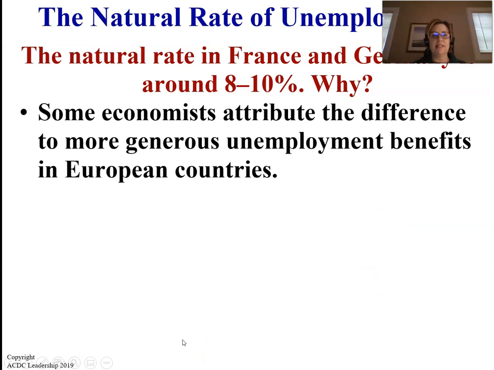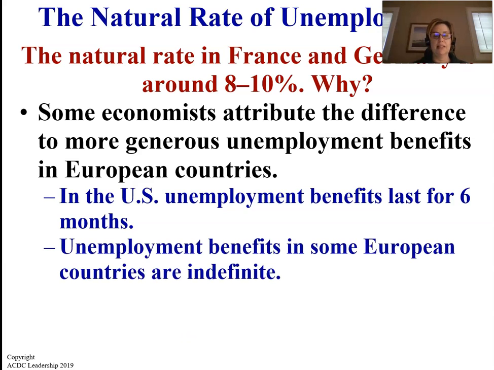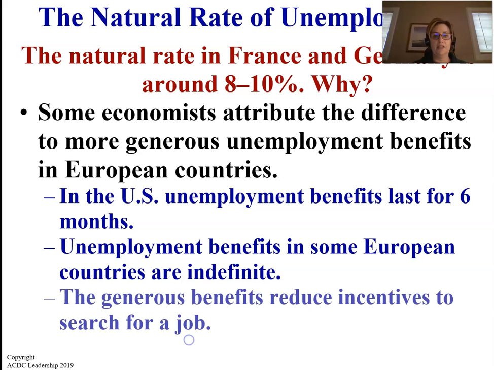Economists attribute the difference to more generous unemployment benefits in these European countries. In the U.S., unemployment benefits last for about 6 months, but in some European countries, they're indefinite. So those generous benefits are going to reduce incentives for individuals out of work to find a job.